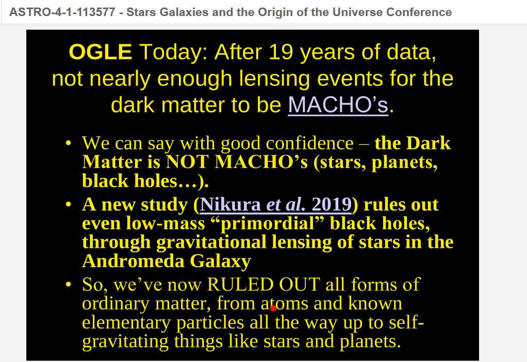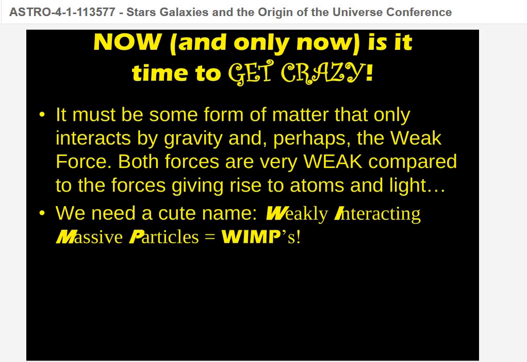And then up to rocks, and then up to asteroids and comets, and then up to planets. Planets are self-gravitating. The Macho collaboration would have found those. To dead stars, red dwarfs, white dwarfs, you name it. We've ruled out all forms of ordinary matter. We've gone up the size scale from the smallest to the biggest, and we've ruled them all out. They all have observational consequences, and we've checked it out.